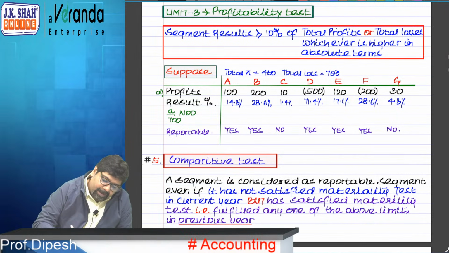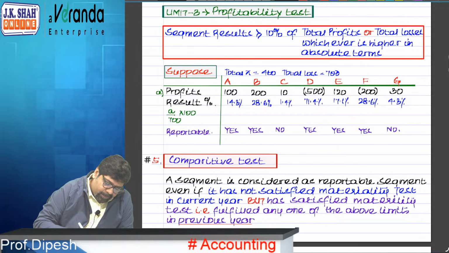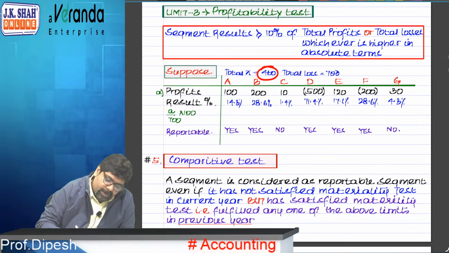Now, chartered, understand: A's profit, profit, profit, loss, profit, profit. So the profits 100, 200 make 300, then 310, 430, 460. So 460 is the total profit.